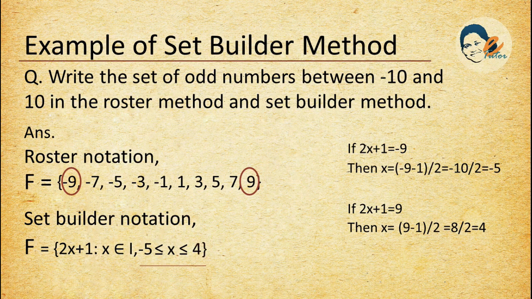So if we put all these values in the range of -5 to 4, then we will get all the elements of this set, that is from -9 to +9. So this is the set builder notation of the set of odd numbers between -10 and 10.